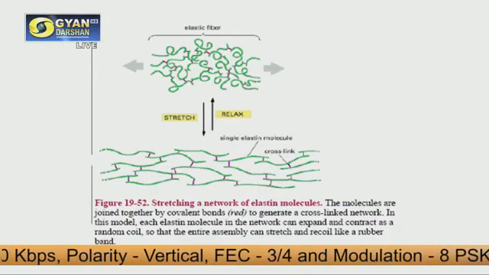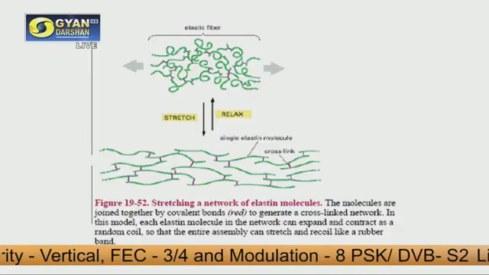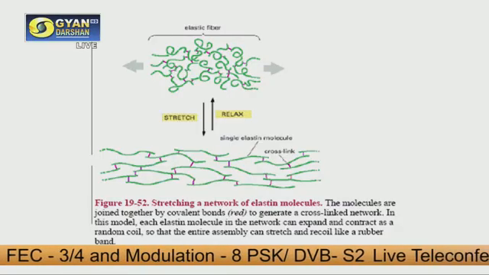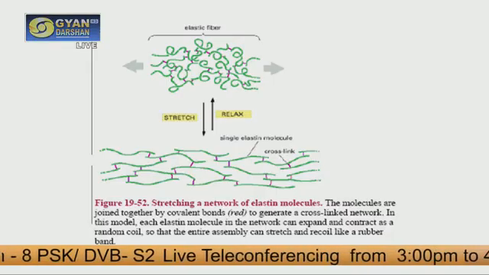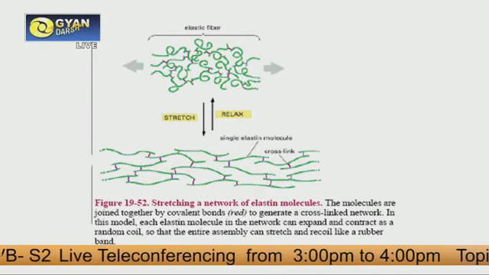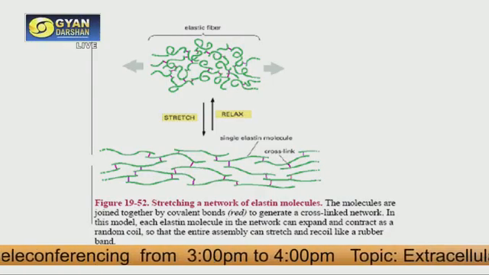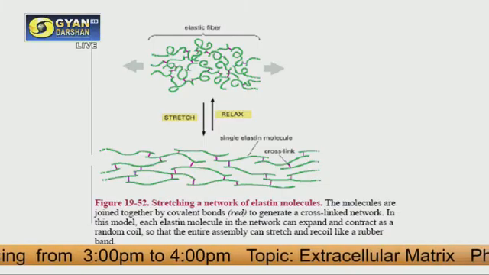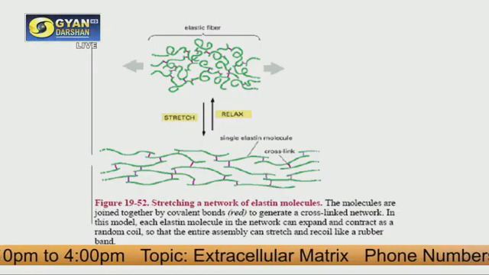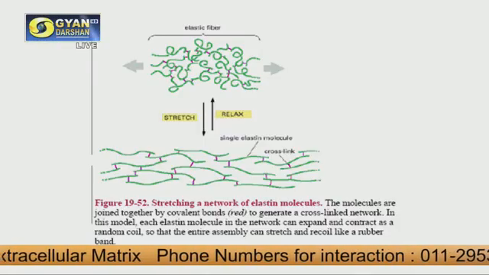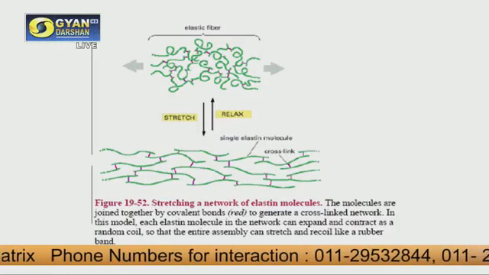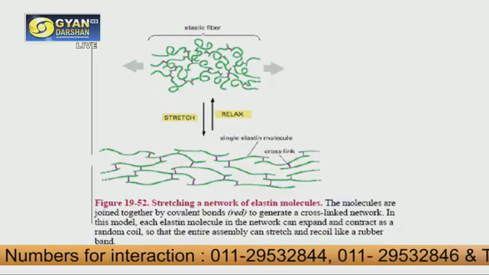In this model, each elastin molecule in the network can expand and contract as a random coil. So sometimes there is stretching and sometimes contraction, just like a rubber band you can stretch out and again relax. It's the same kind of mechanism.